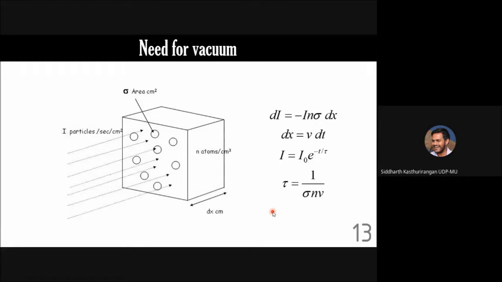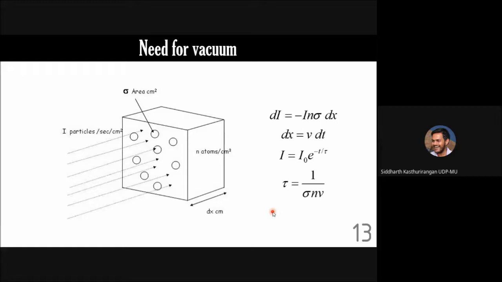Okay. So if you want the beam to survive for a longer time, the better the vacuum you have, the longer the beam will survive. If you have 10 power minus 6 torr vacuum inside the beam line, and your beam survives for 1 hour, let us say, before reducing drastically, then if you increase the vacuum to 10 power minus 7 torr, it will survive for 10 hours.